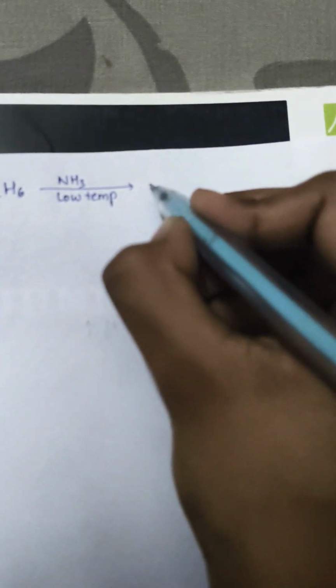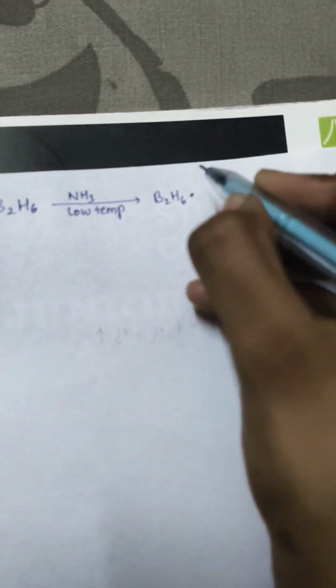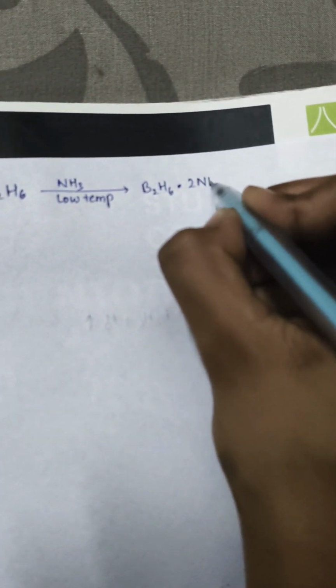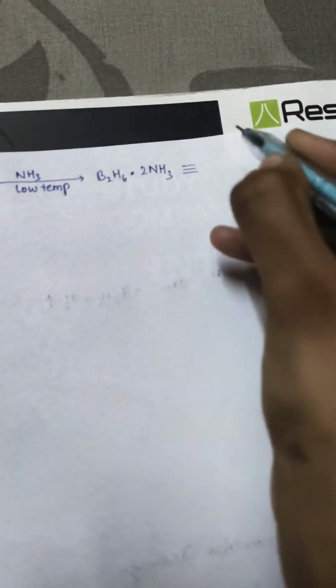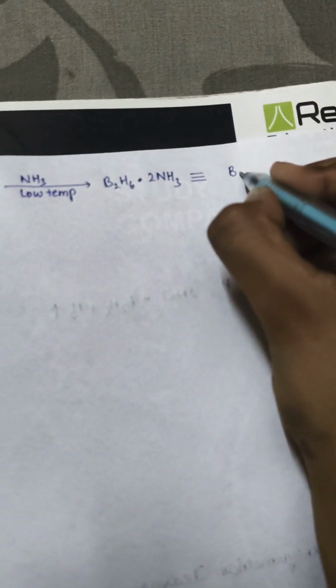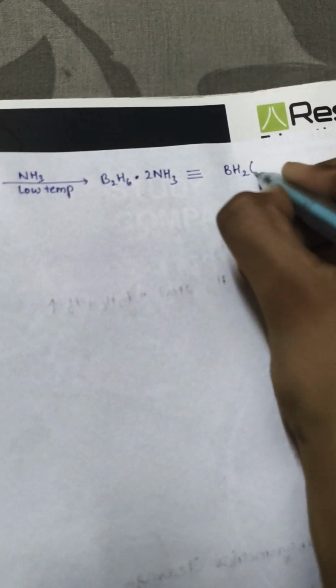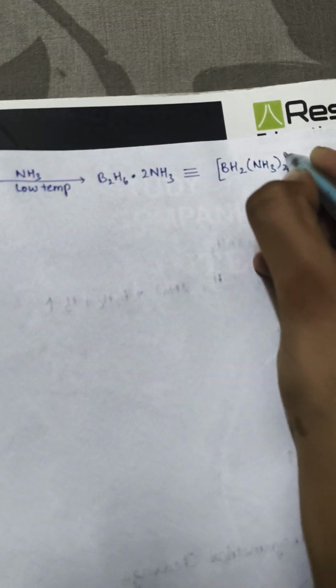It gives B2H6·2NH3, and this is basically what we saw just now, that is [BH2(NH3)2]+ and BH4 minus. This is at low temperature.